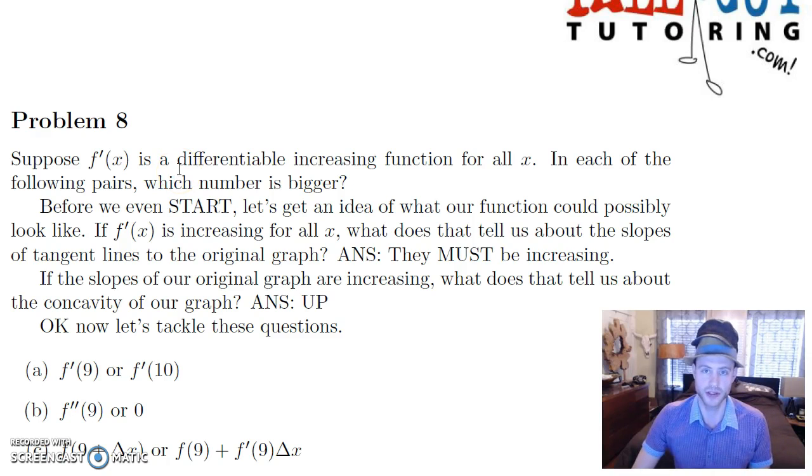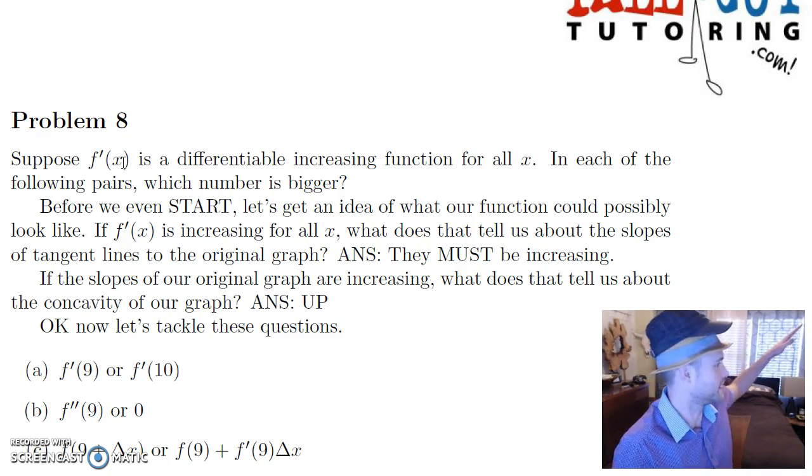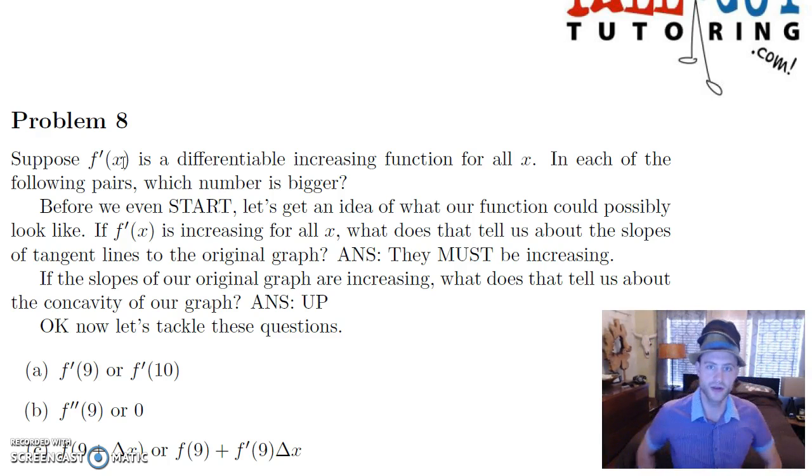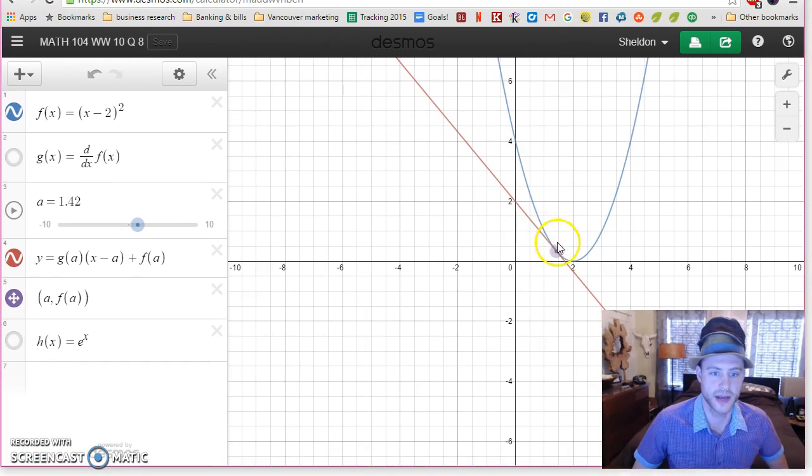What could our function look like? If the derivative is always increasing, that means the derivative is always getting, from your angle, steeper and steeper. That's exactly what concave up means. I drew you guys a graph. So here's an example of a function that is concave up.